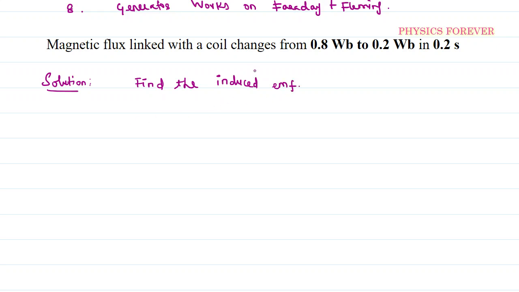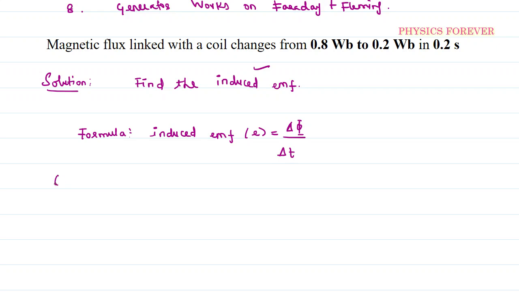What are we going to find? Induced EMF only. So what is the formula for induced EMF? Induced EMF, E is equal to del phi by del t, that is flux change by time.